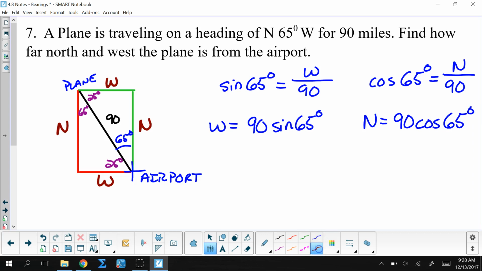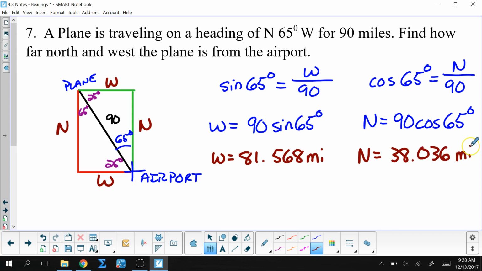So that puts my westerly component at 81.568 miles. And it puts my northerly component at 38.036 miles.